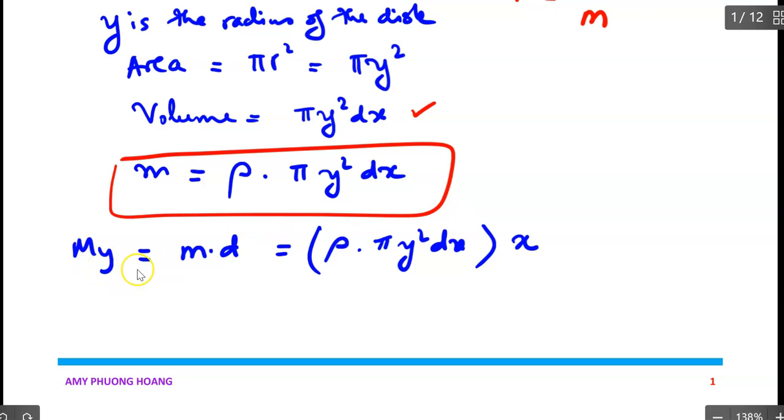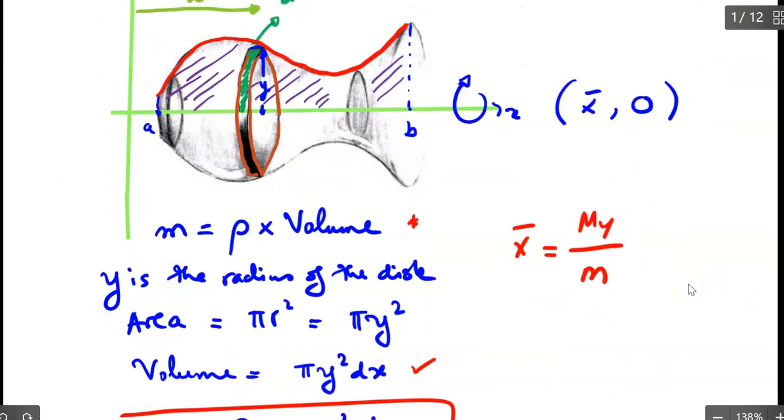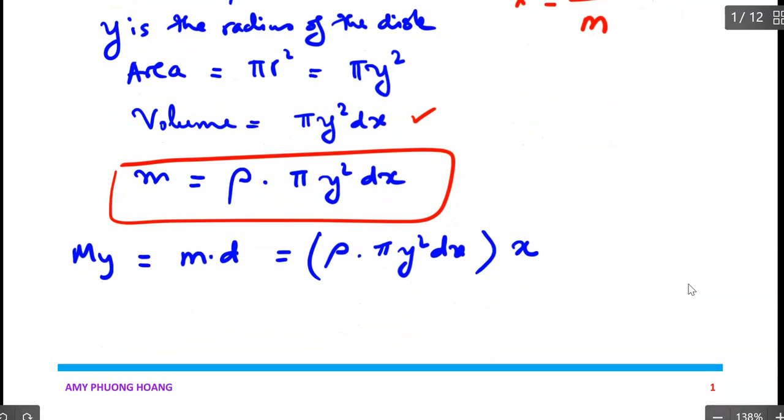My is the sum of all the moments, in terms of the sum because of this function shape like this. I am going to write this equation for everyone.